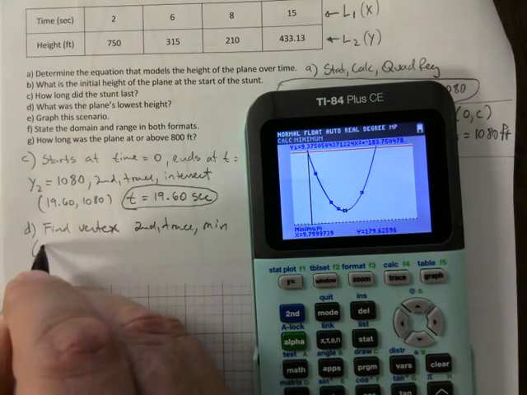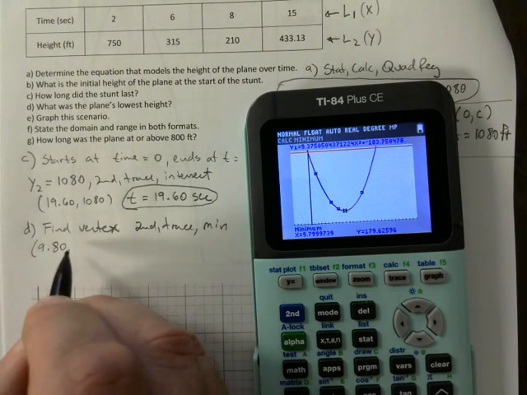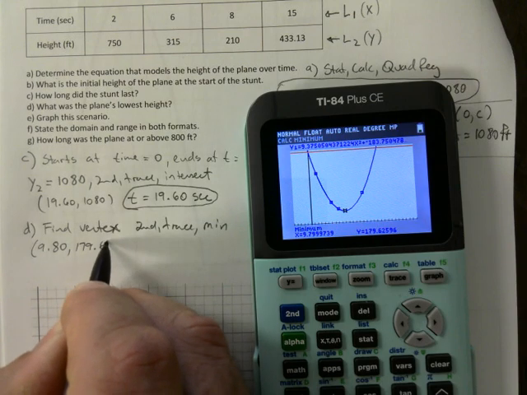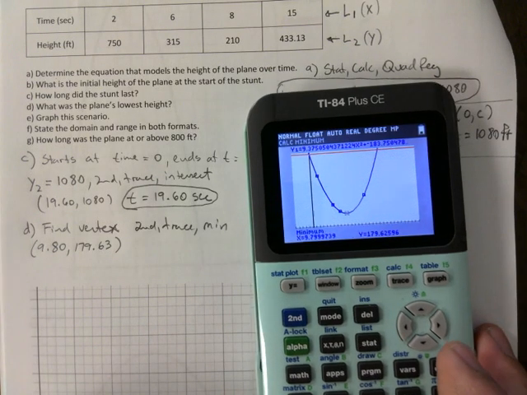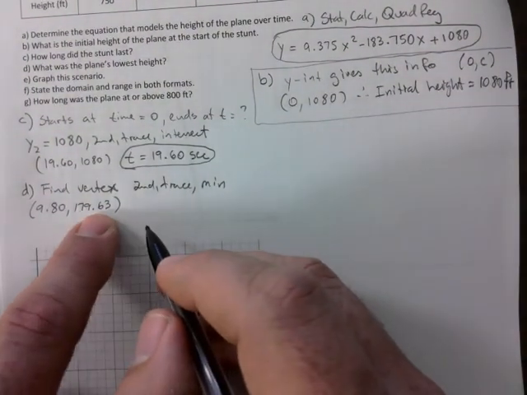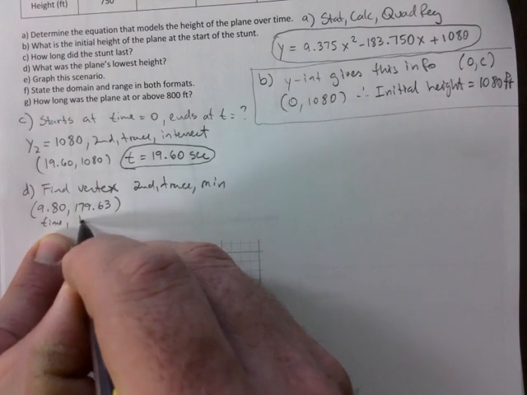So that is 9.79, which rounds to 9.80, 179.63. By the way, the vertex is going to come in handy when you graph it, so you better write down the coordinate, right? Because then you have it already. You don't need to find it again. So we would have to say that this is time, and this is height.